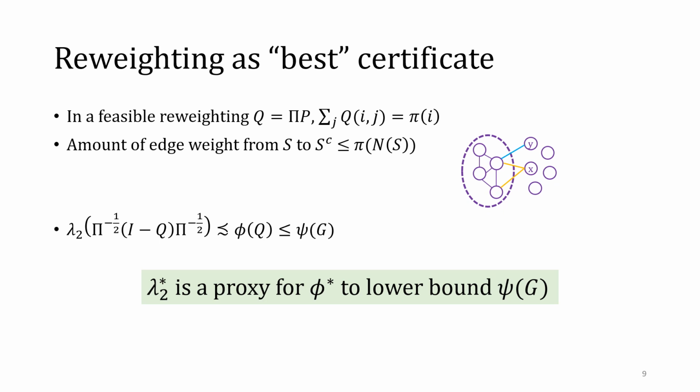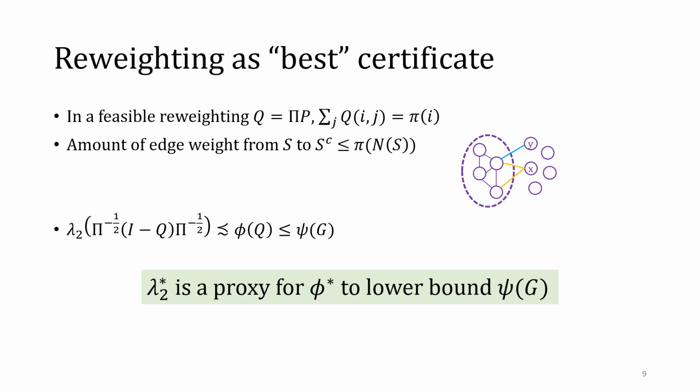In the case of vertex expansion, we're looking for a Markov chain P. If we consider the matrix Q, which is pi P, then it corresponds to giving the weight pi_i times P_ij to the edge ij. If we do it like this, then the weighted degree of vertex i in the reweighted subgraph Q will be exactly pi of i.